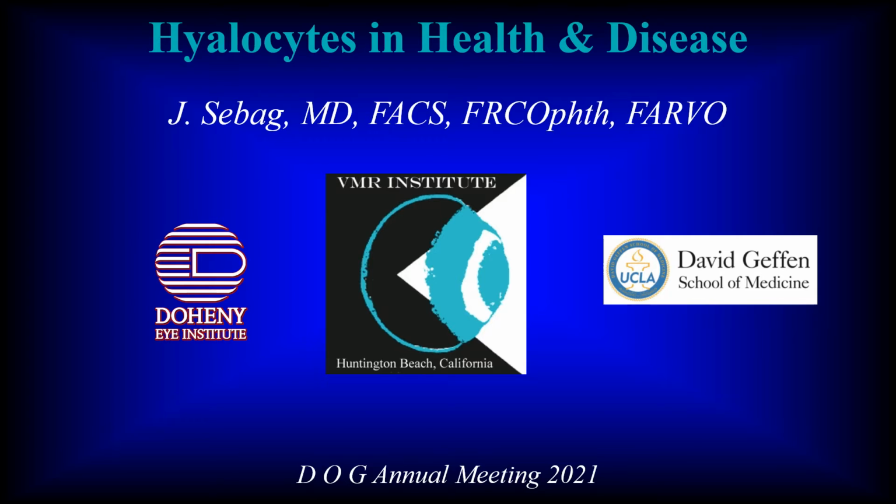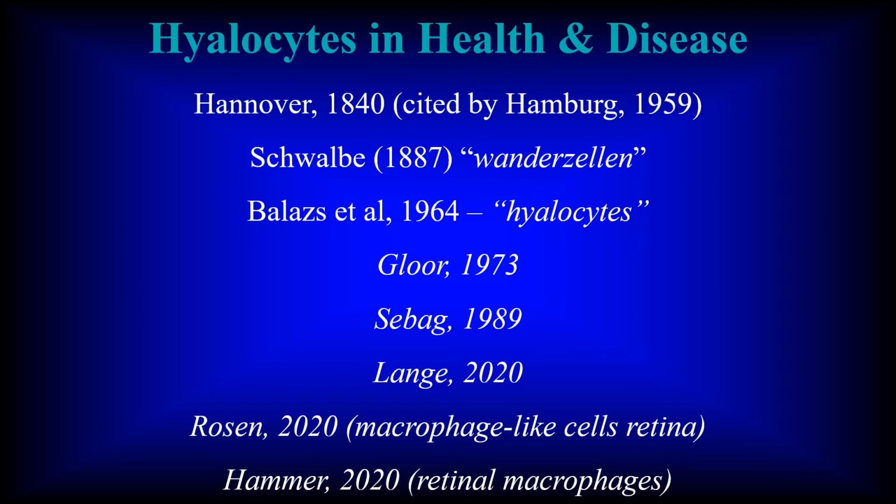Health and disease. Hanover was the first to describe the existence of hyalocytes, credited in 1840, and Schwalbe in 1887 described these as Wanderzellen to denote their similarities to macrophages elsewhere in the body. But it wasn't until 1964 that the term hyalocytes was applied to describe the mononuclear phagocytes located at the vitreo-retinal interface.